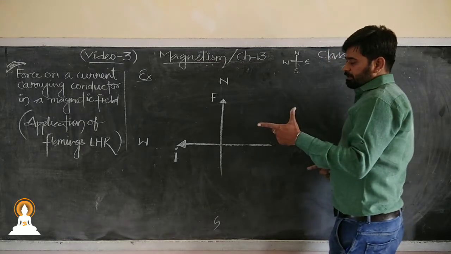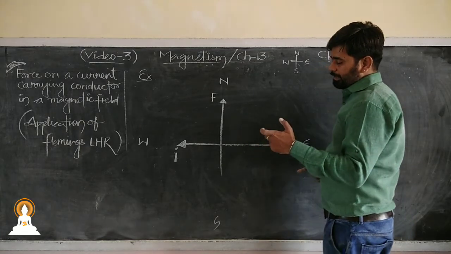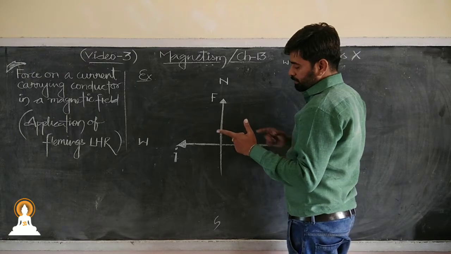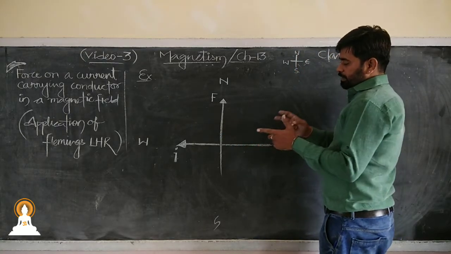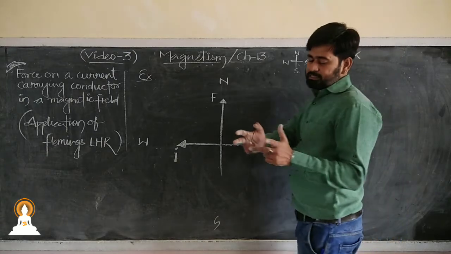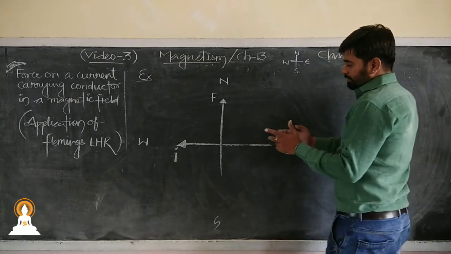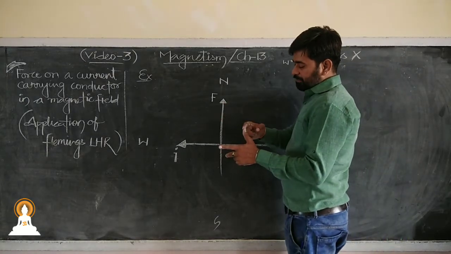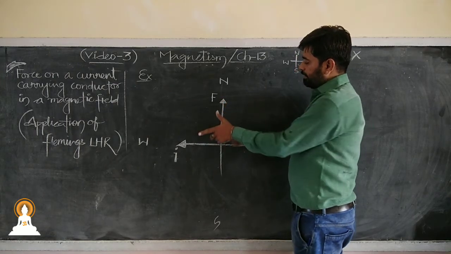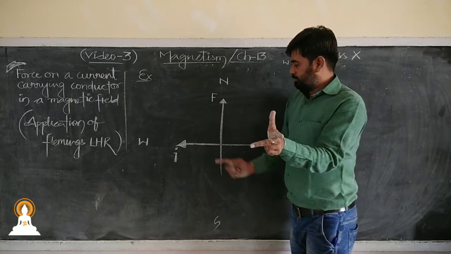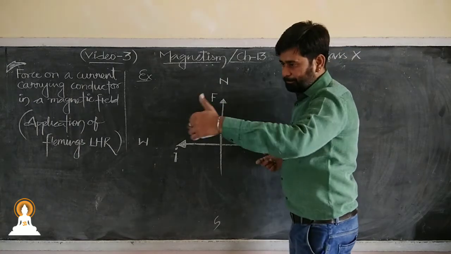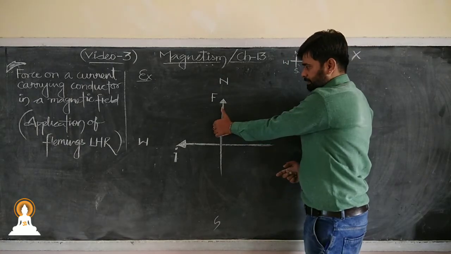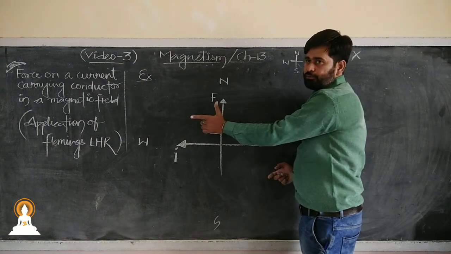Now see, FBI. B is not given, but F is given and I is given. This is F, this is B, and this is I. So the direction of magnetic field is what we need to find out.